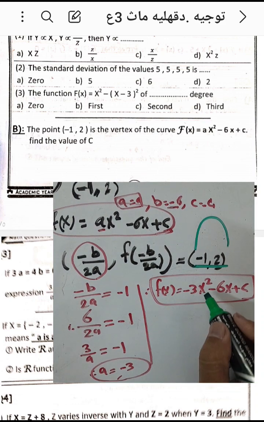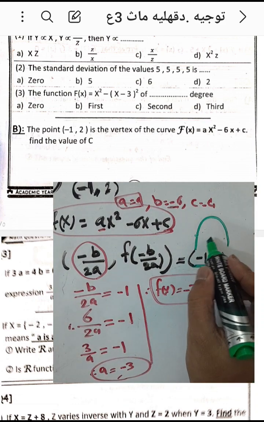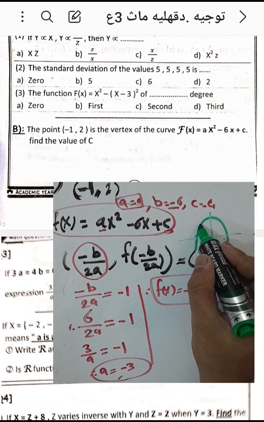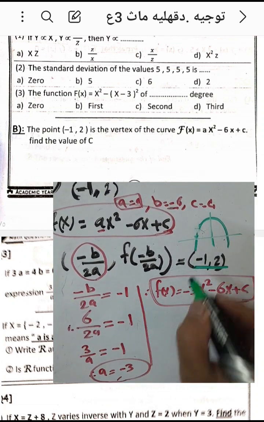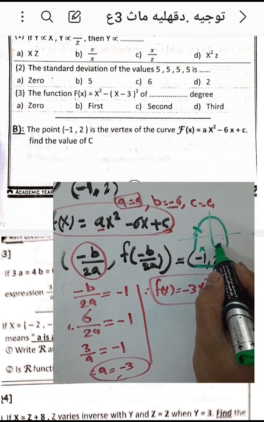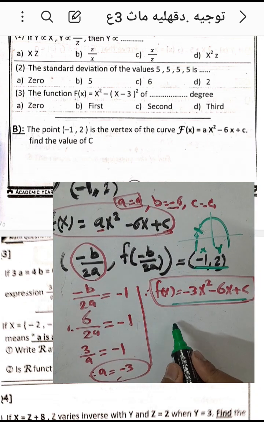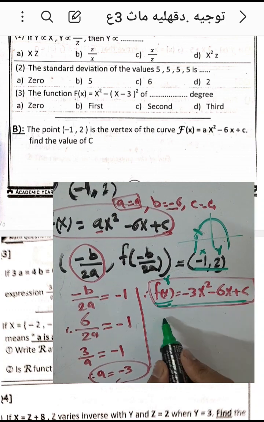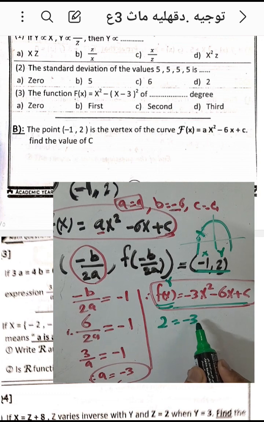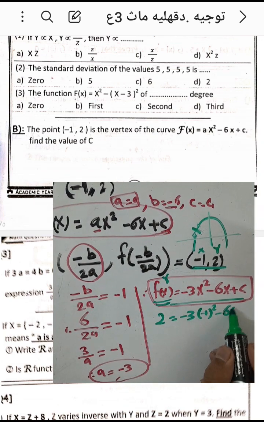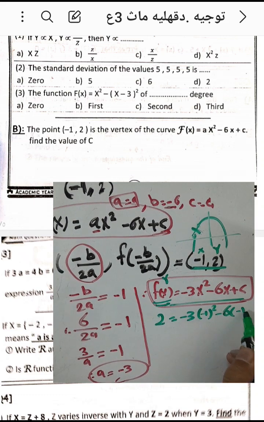This point negative 1 and 2 lies on this curve. So we will put x equal negative 1 and y equal 2 in this function to find the constant. Y here equals f of x, and f of x was y, then y equals 2 equals negative 3 multiplied by x power 2, negative 1 power 2, negative 6 multiplied by the value of x, which is negative 1, plus constant.